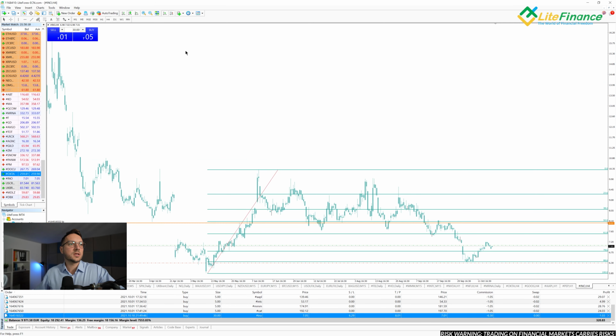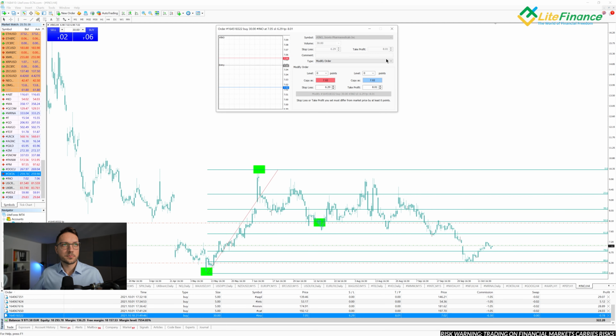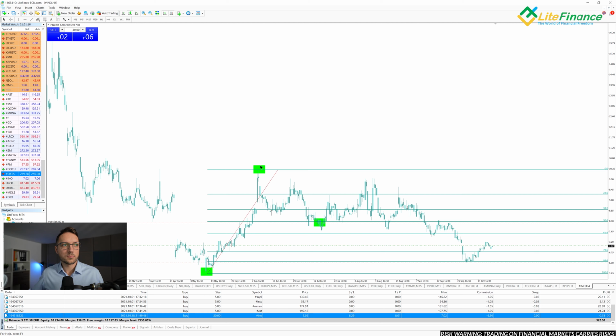Again, for those of you who have a hard time visualizing the harmonic pattern, it is right over here. Here we have the X, the A point, B here or here, C here or here.